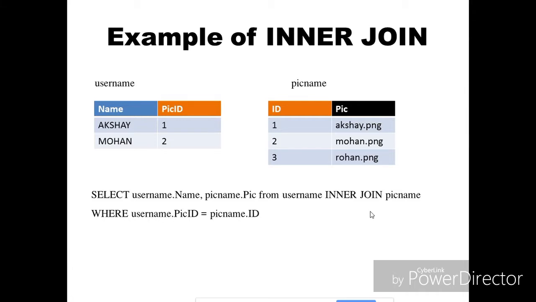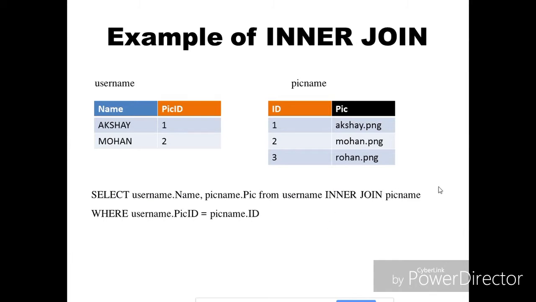Name and pick are the column names and username and pickname are the table names. From username, that is the first table, inner join pickname, that is the second table, where username.pickid equal to pickname.id, because pickid and id are the related columns in these two tables, so we will use these columns to join our two tables.